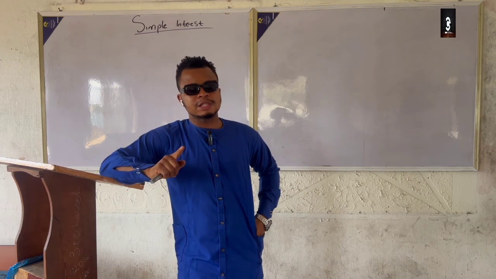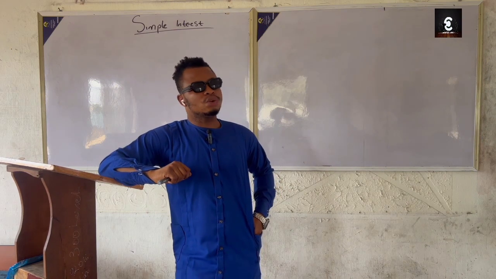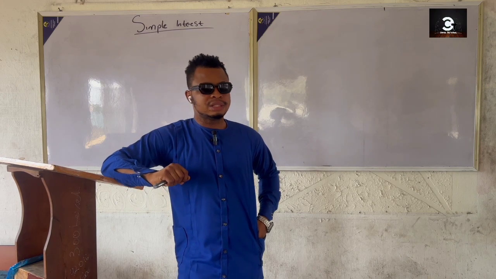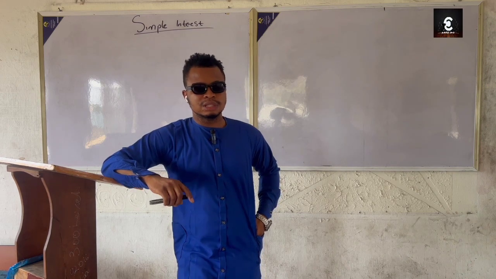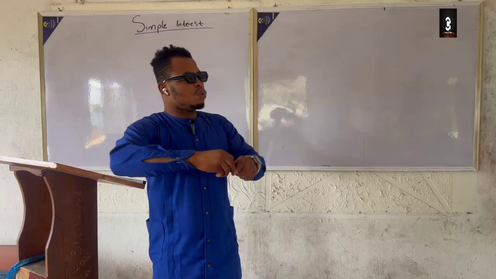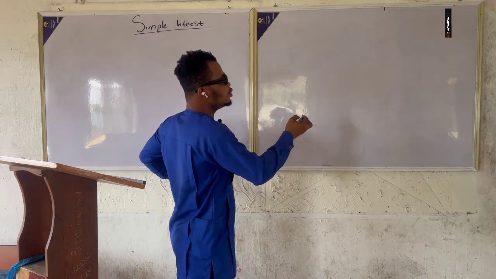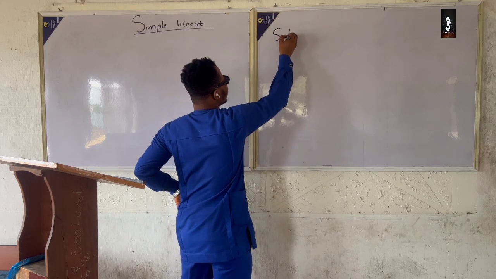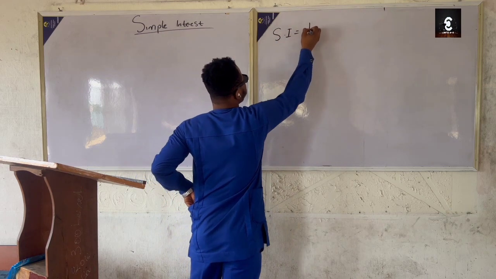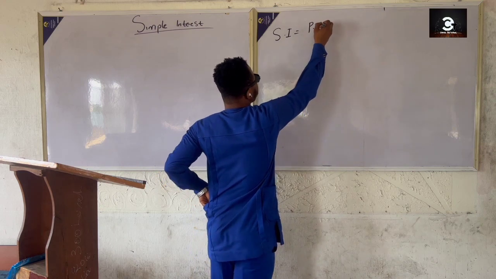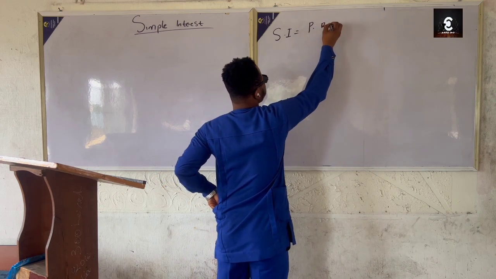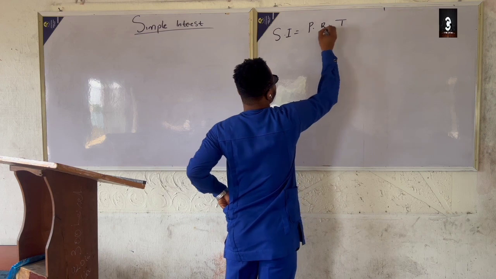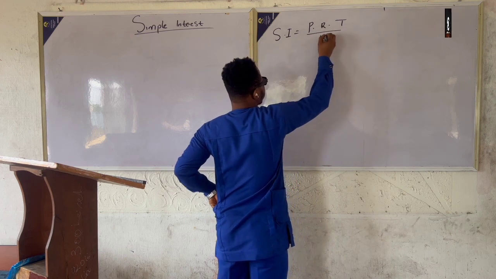Okay, I've explained simple interest to you, and let us take the variables in simple interest. Remember, simple interest is the principal times the rate times the time, all over 100.